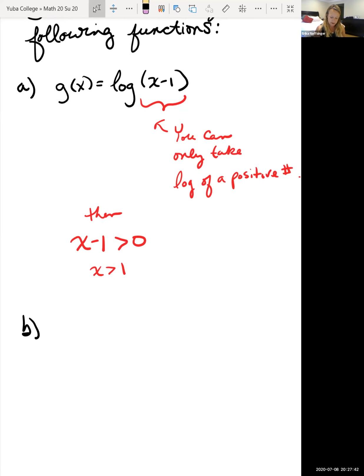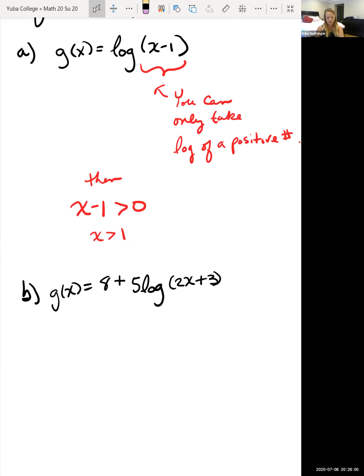So what if it was g of x is equal to 8 plus 5 log of 2x plus 3. The only thing that affects the domain, this 8 in here does not affect the domain.